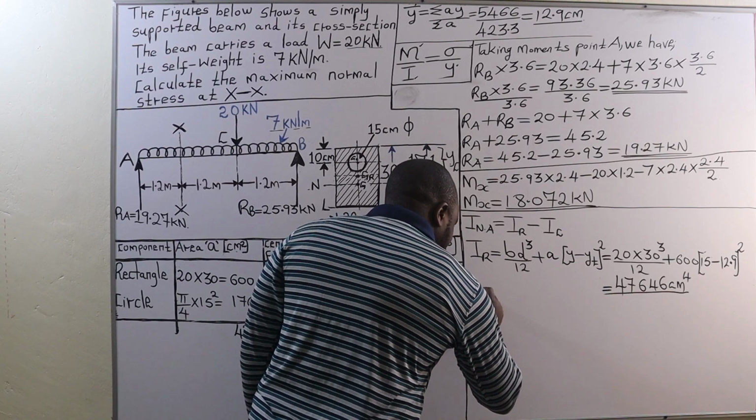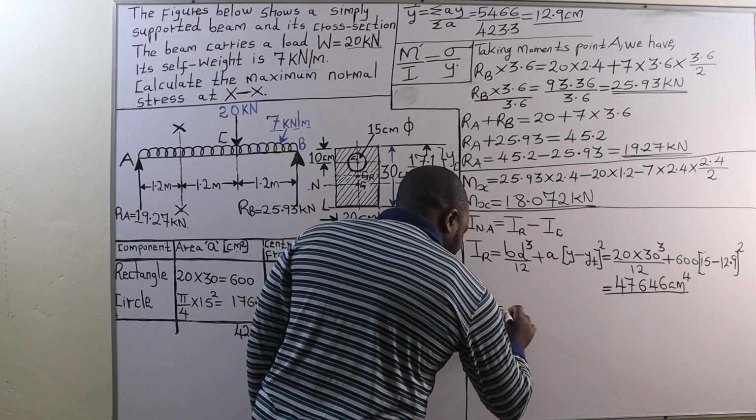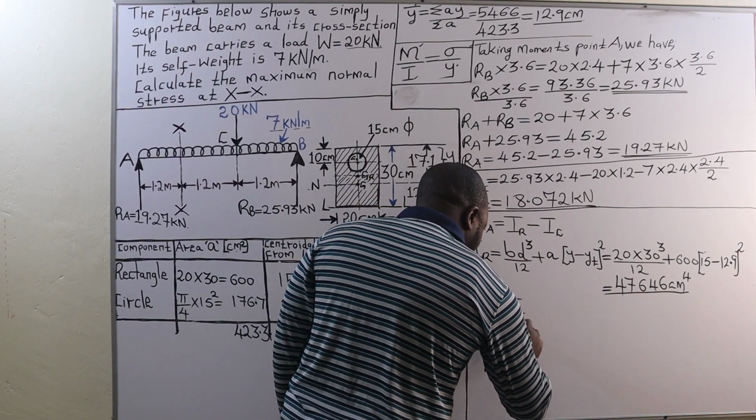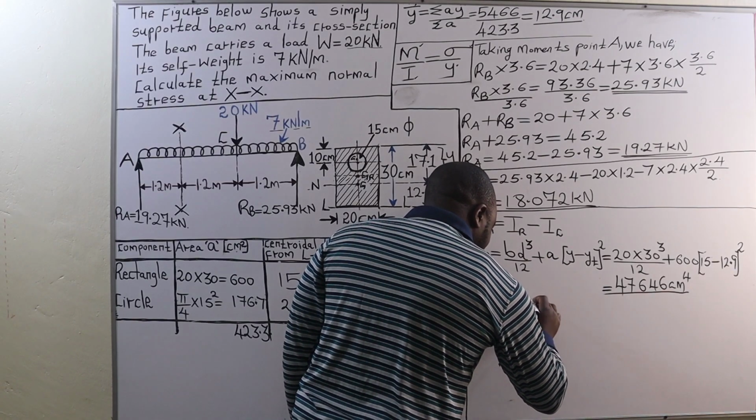Now, for the circular section, the moment of inertia about the neutral axis is going to be given by pi over 64 d raised to 4.